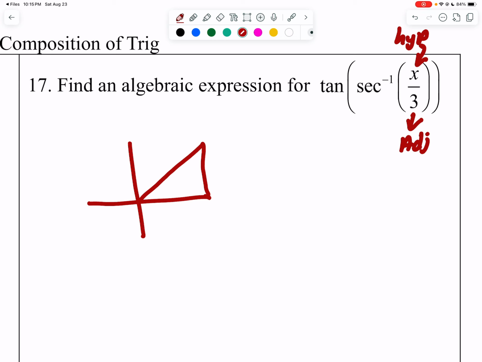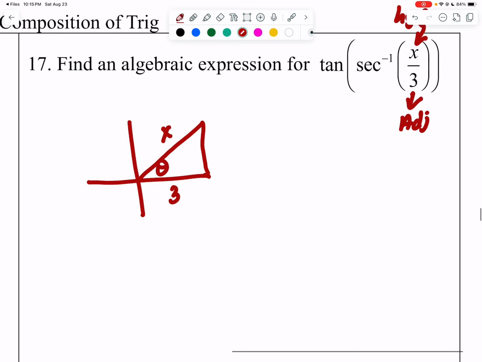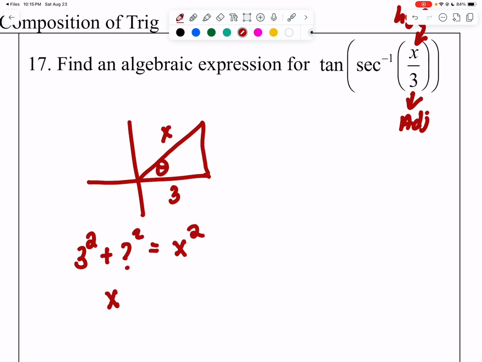So my hypotenuse is x, my adjacent is 3. I need to figure out what my y value is. So once again, using Pythag, I have 3 squared plus question mark squared is equal to x squared. So that means that my y value is the square root of x squared minus 9.